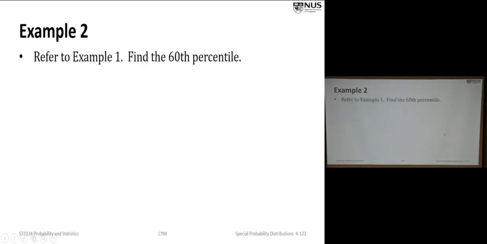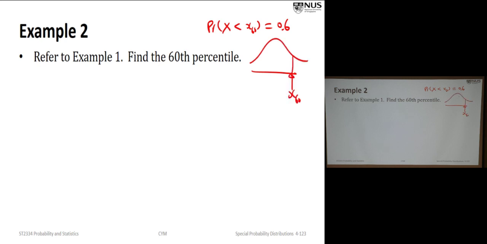Okay, another example, referring to the previous one. I want to find the 60th percentile. Now, what does 60th percentile mean? It means that you are looking for a value, let me call it x60, such that the probability of being less than it is 60%, or 0.6.